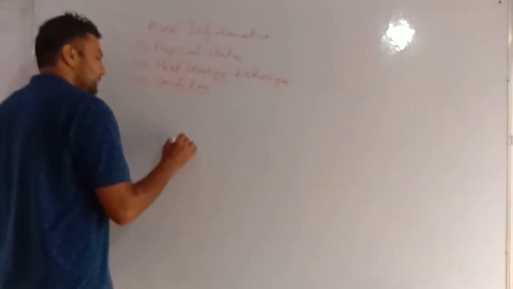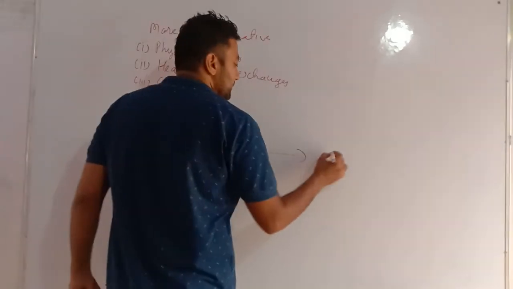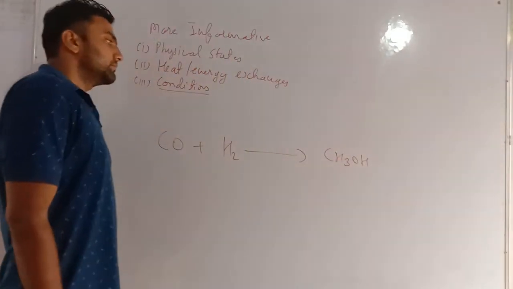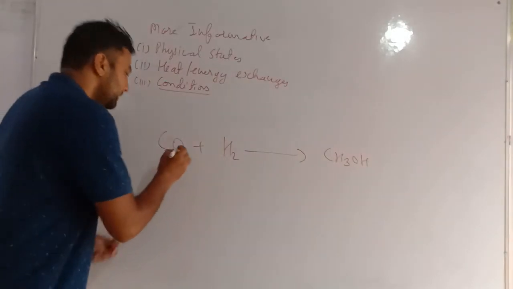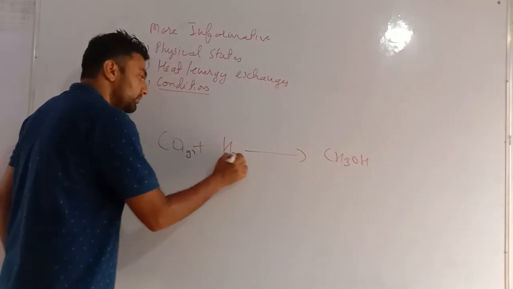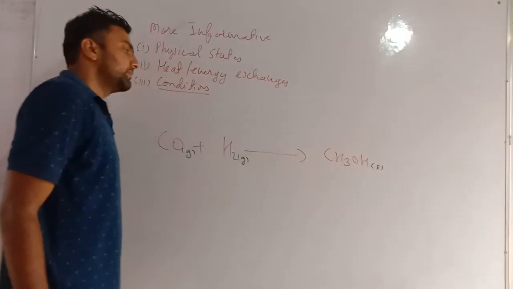Okay. Now see, carbon monoxide plus hydrogen gives us methanol. This is a reaction. I have made it more informative. Carbon monoxide in gas form, hydrogen in gas form, methanol in liquid form.